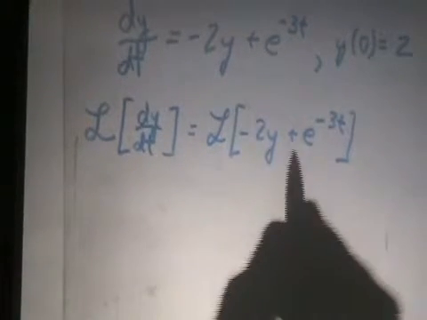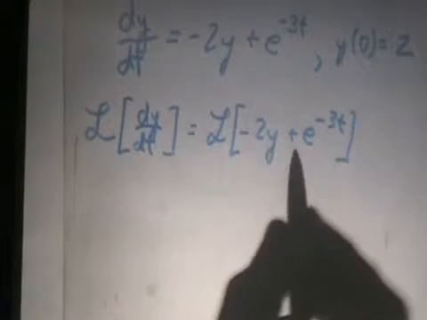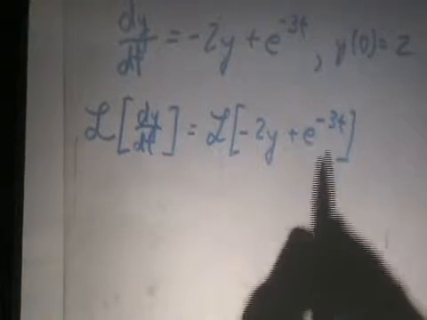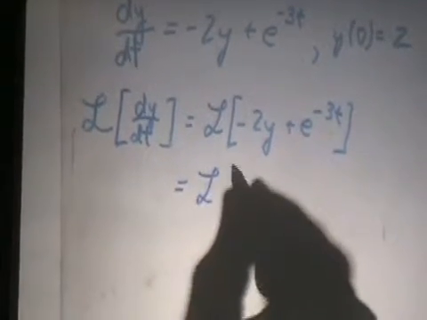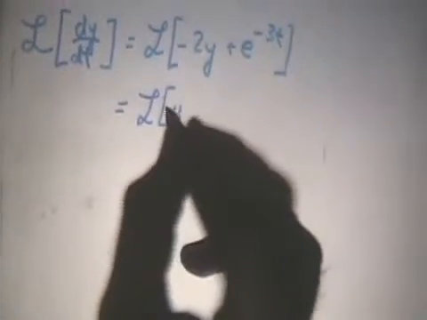I said the Laplace transform is a linear operator, so it satisfies a linearity property. Here I have a linear combination of functions, negative 2 times y plus really 1 times e to the negative 3t. Linearity says, well, L of the sum is the sum of the L's.